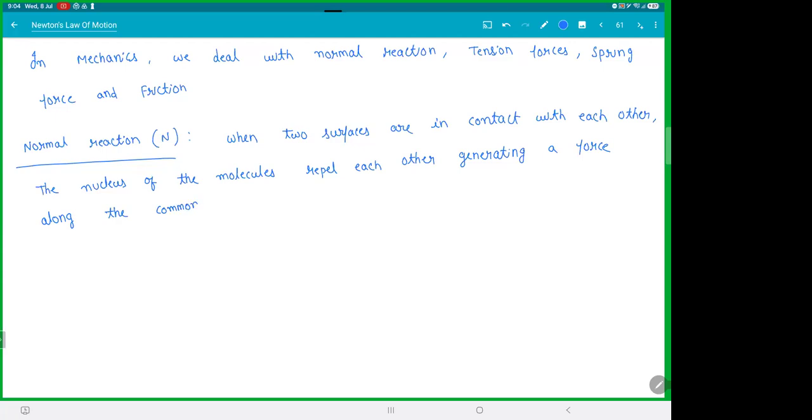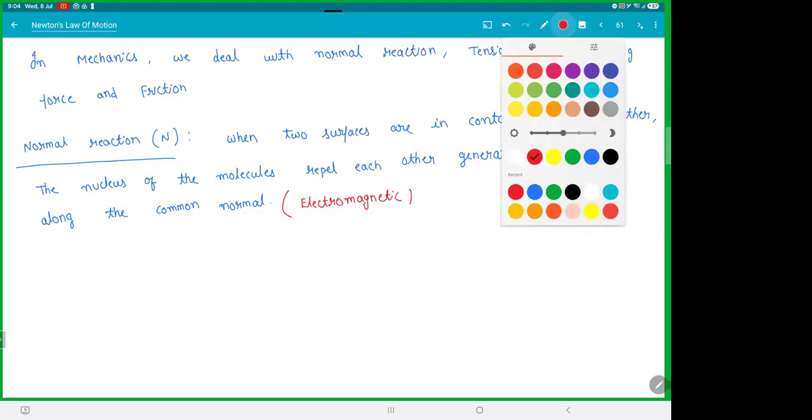That means if you can actually zoom in and see this at a molecular level, the nuclei are a bunch of positive charges and you're pushing them towards each other. So a normal reaction is nothing but an electromagnetic force. When you're sitting on the chair, what you're feeling is actual electromagnetic repulsion.